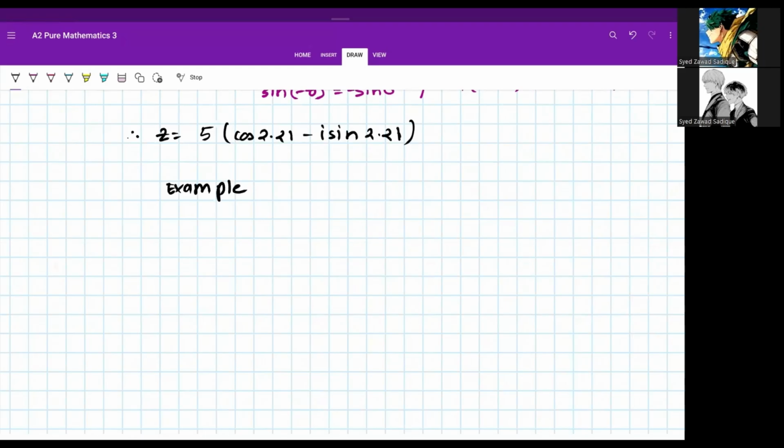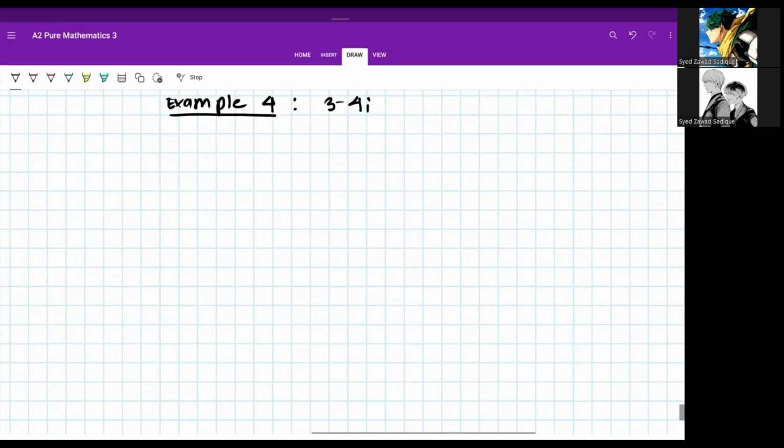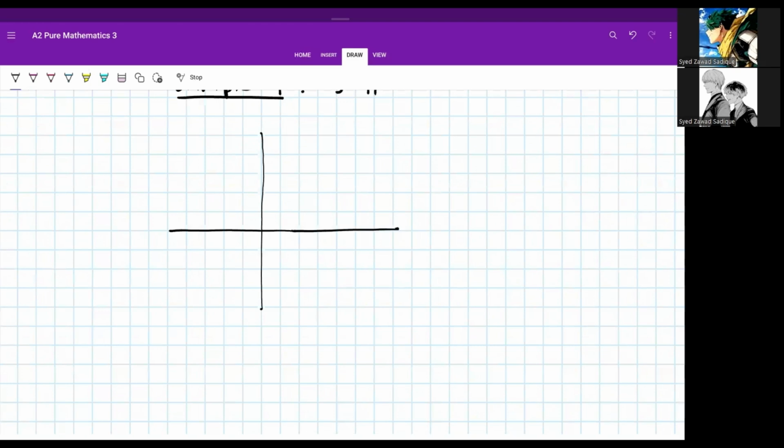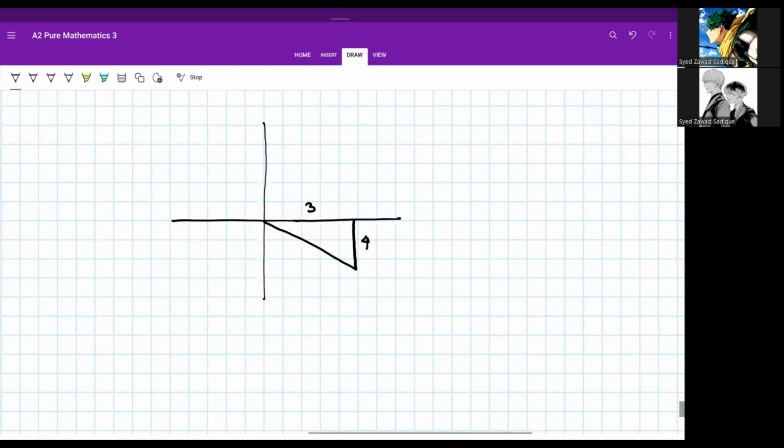Example 4 is 3 minus 4i. So if we draw the graph, this becomes 3, 4, theta. So the modulus of z is 5.